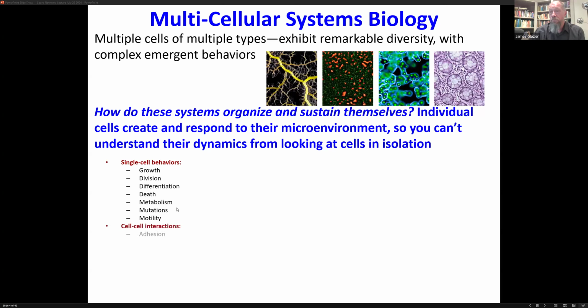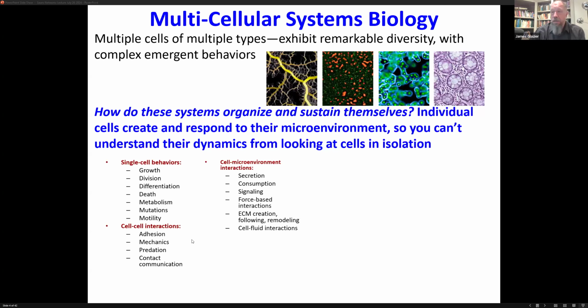They can move. They could interact with each other. They could stick to each other. They can pull at each other. They could eat each other. They can signal to each other. They could secrete chemicals into the environment, consume nutrients in the environment. They can cause flows if they have cilia, for example.